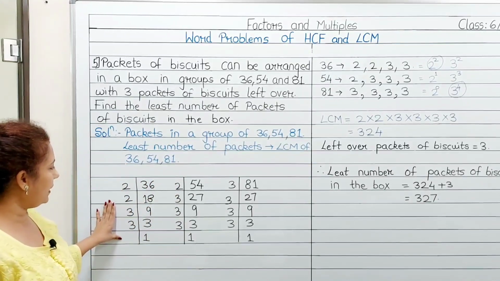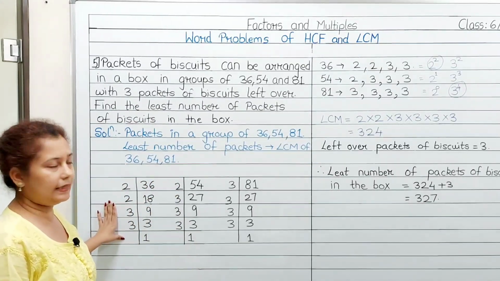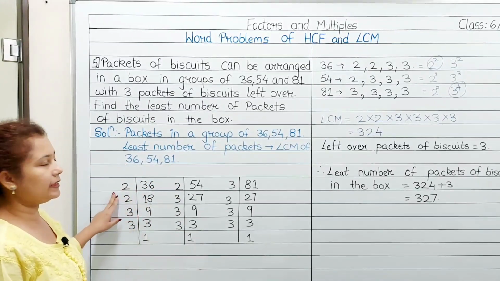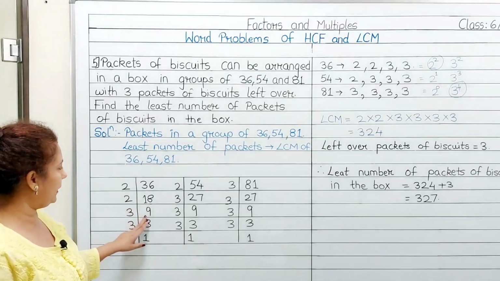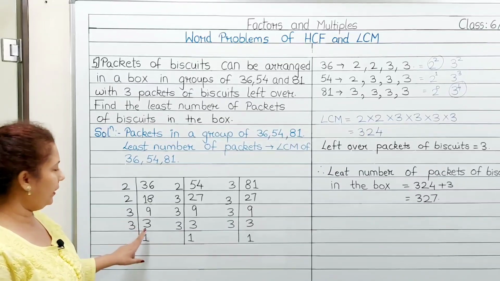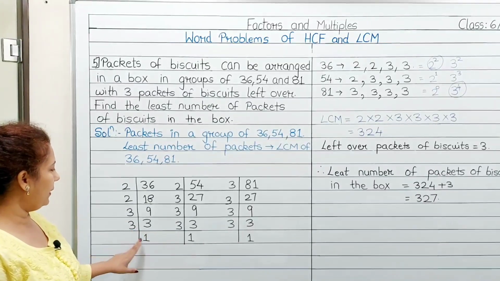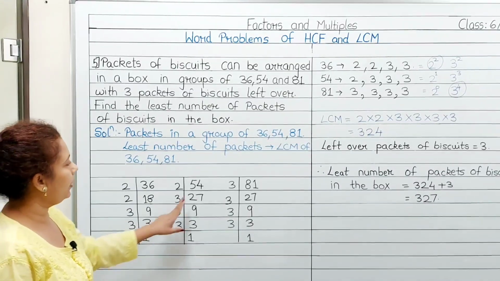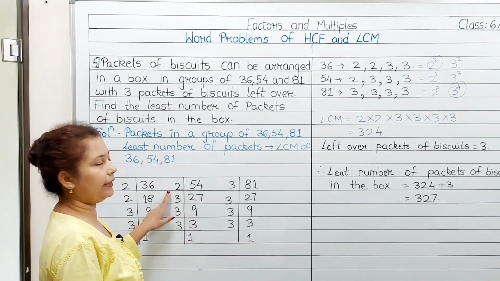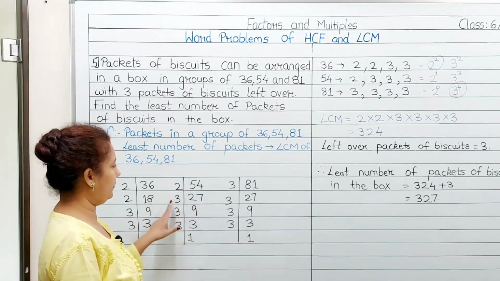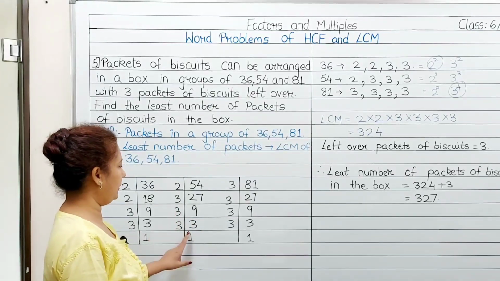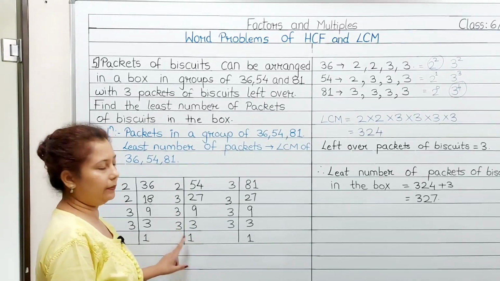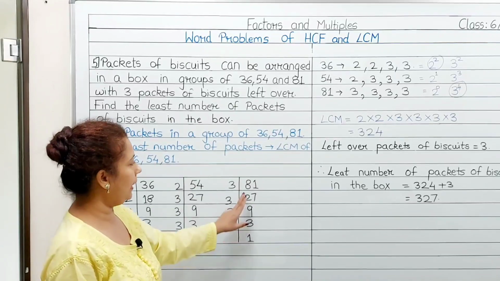By prime factorization, 36 divided by 2 is 18, again divided by 2 we get 9, divided by 3 we get 3, divided by 3 we get 1. For 54, divided by 2 we get 27, divided by 3 we get 9, divided by 3 we get 3, divided by 3 we get 1.